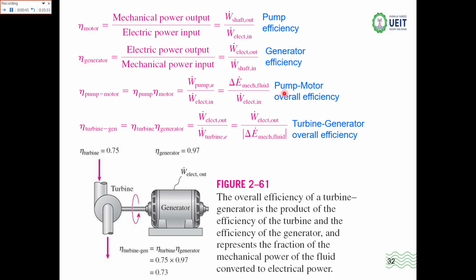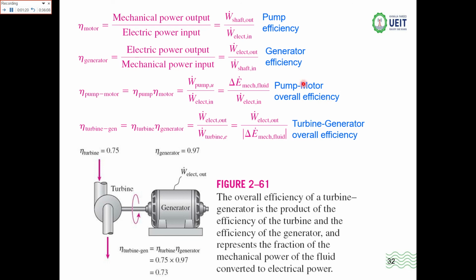Now the pump-motor overall efficiency would be the multiplication of these two. Like in your home, you have common motors that are used to deliver water to your tank. The output is the lift that has been achieved, or the water that has been thrown to the tank.